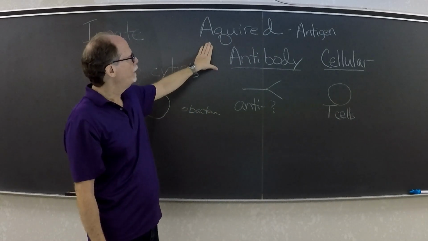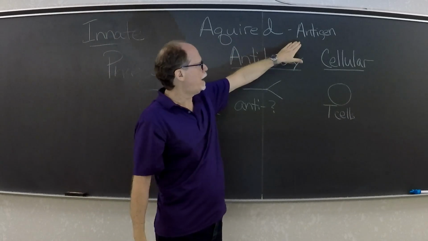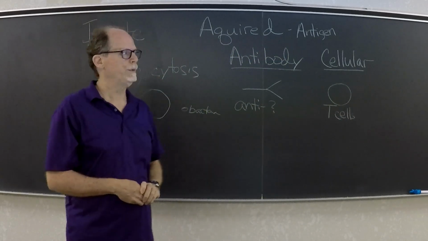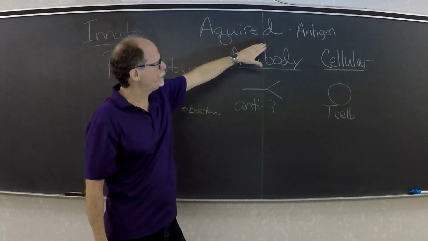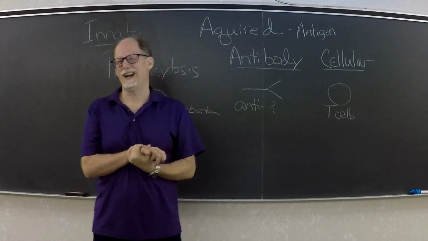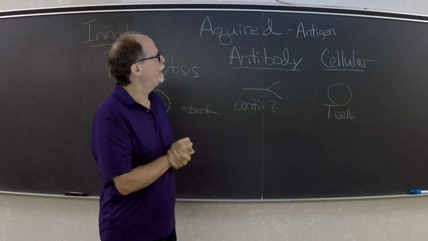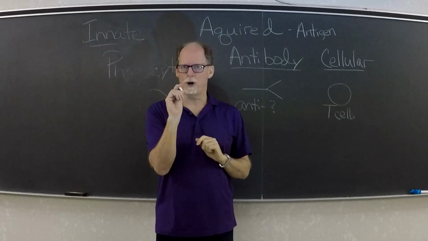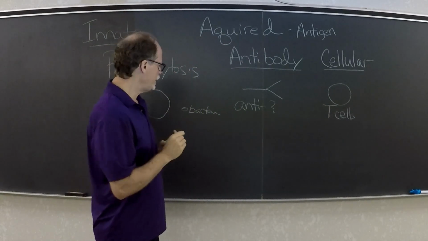So the acquired relies on antigen recognition. There are even antigens in our body, which makes this kind of confusing. But the definition of an antigen is just a very small piece of a protein.